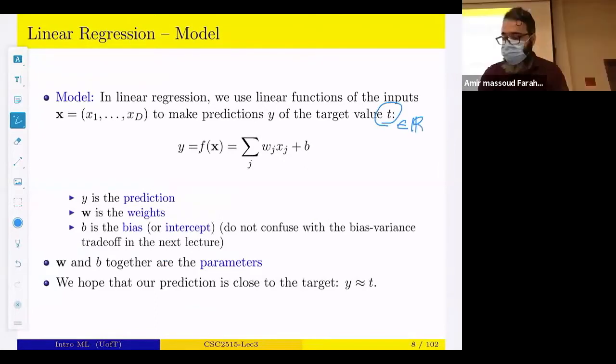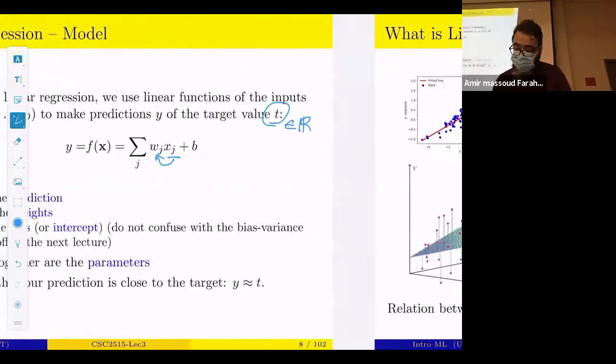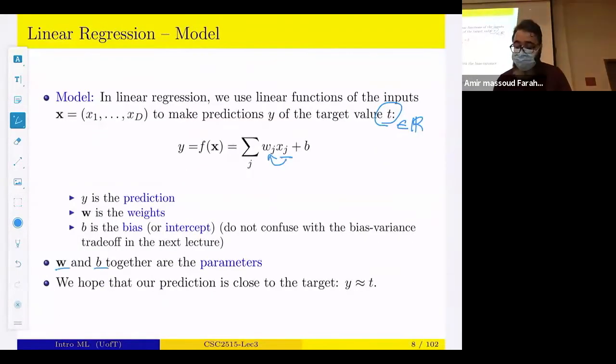Then I introduced a linear model, which is essentially a linear combination of inputs through some weights w. An important thing is that w and b, the bias, are called the parameters of the model. The hope is that our prediction would be close to the targets.